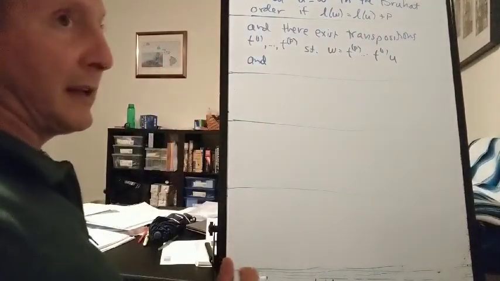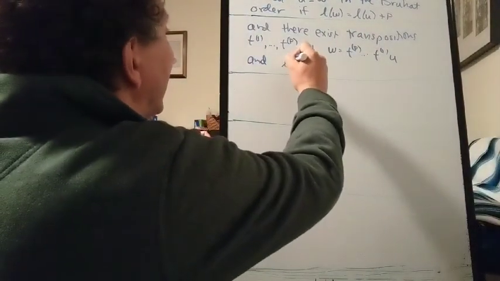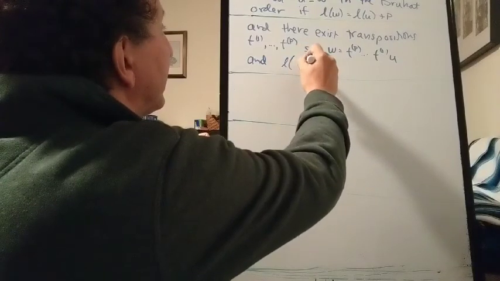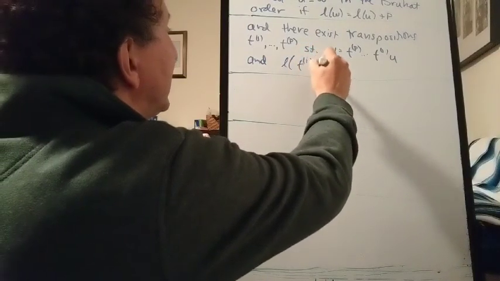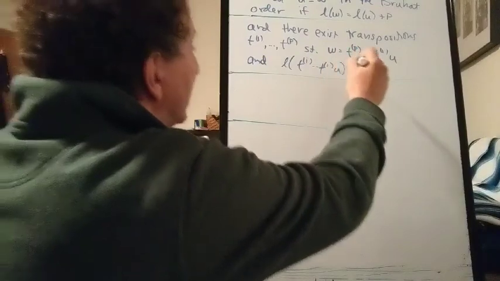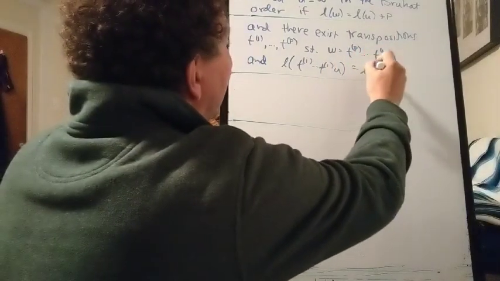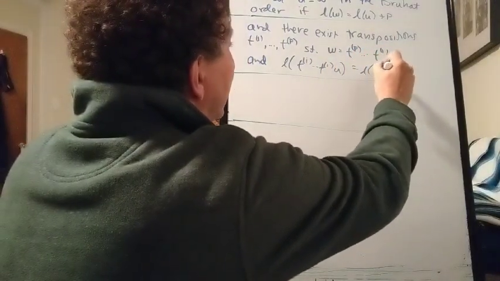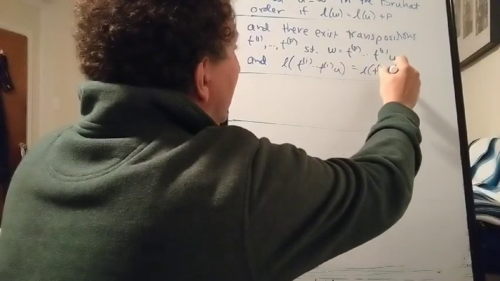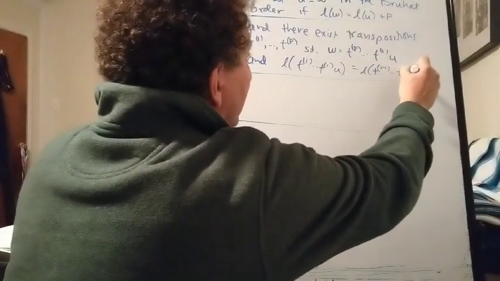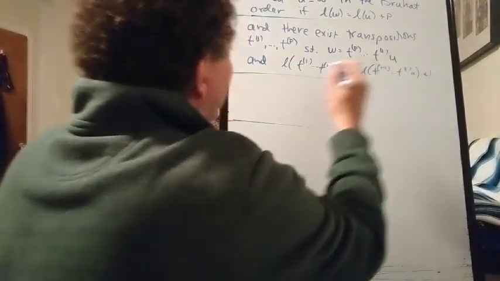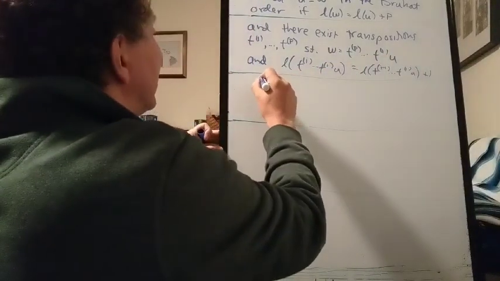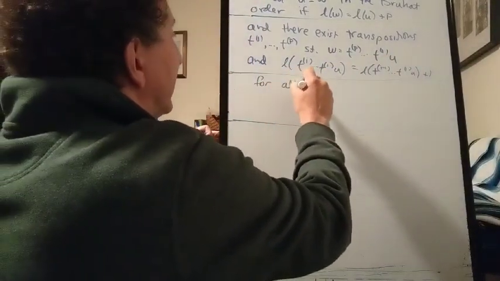And at every step, when we multiply by one more transposition, the length goes up by 1. So the length of Ti through T1 U equals the length of Ti minus 1 through T1 U plus 1 for all i.